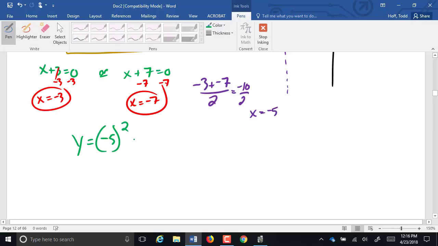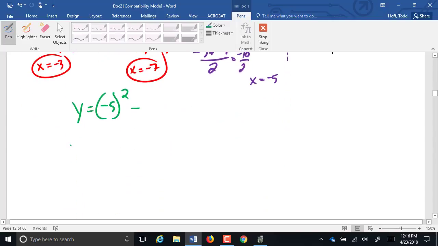Negative 5 squared plus 10 times negative 5 plus 21.